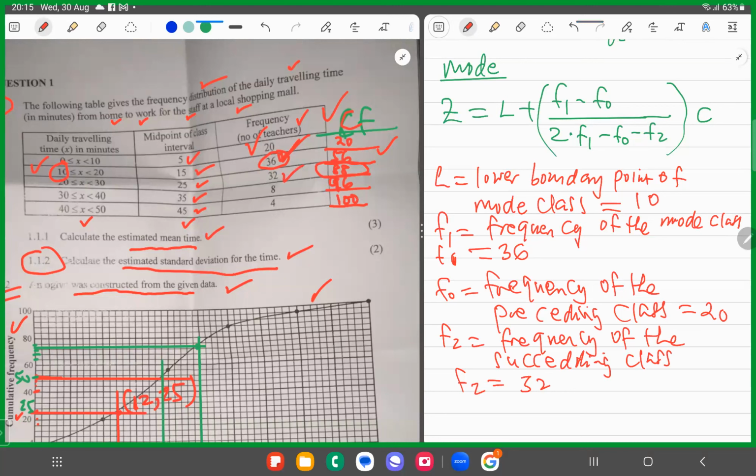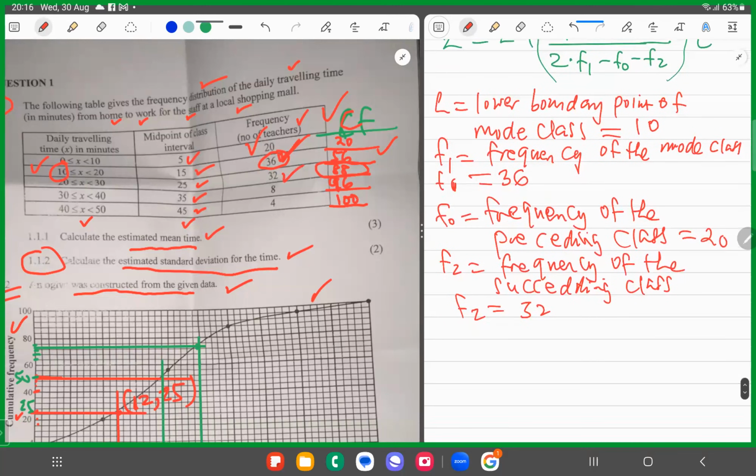Now C stands for the class length of the mode class, which is 10.